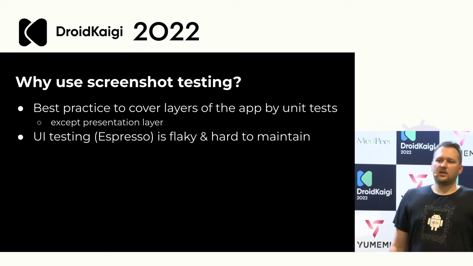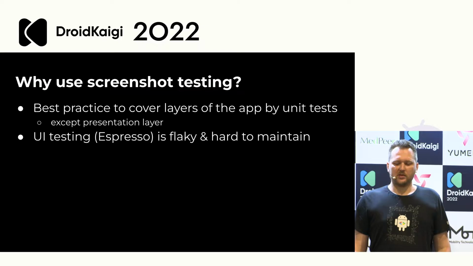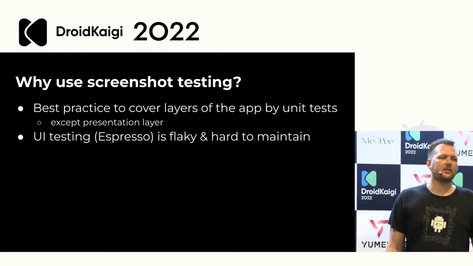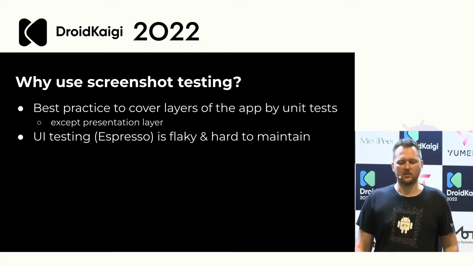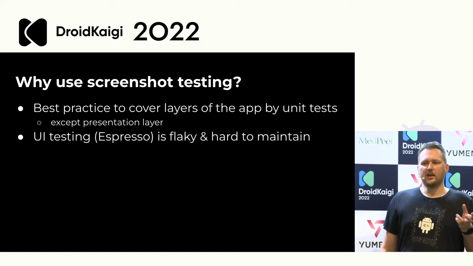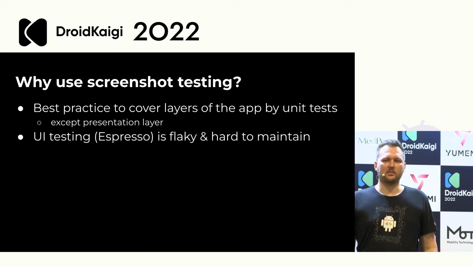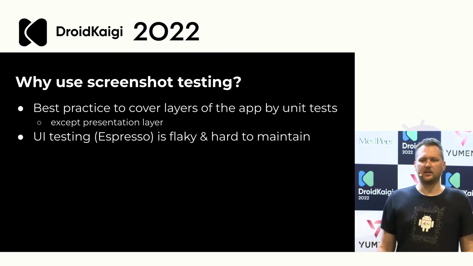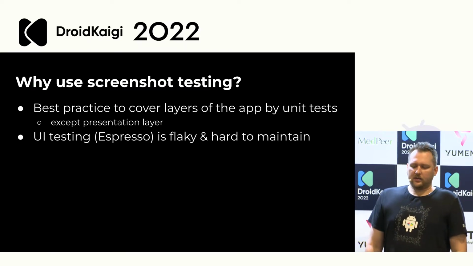So usually this UI layer is tested by UI testing. The most common library is called Espresso. But UI testing is hard to maintain and also flaky. Flaky means that it won't succeed every time because there are some issues with the emulator or something, and it will fail, but it's not the problem of your code, but of the testing framework.